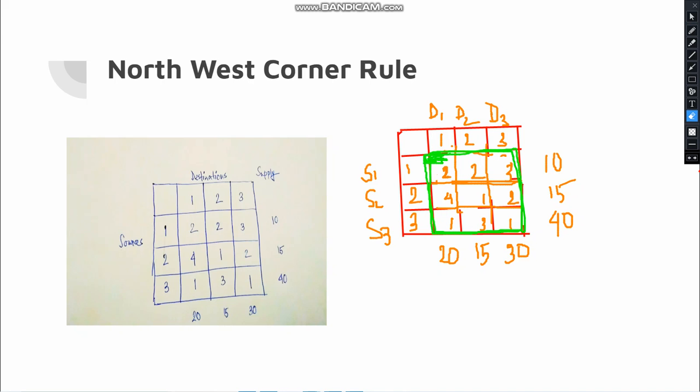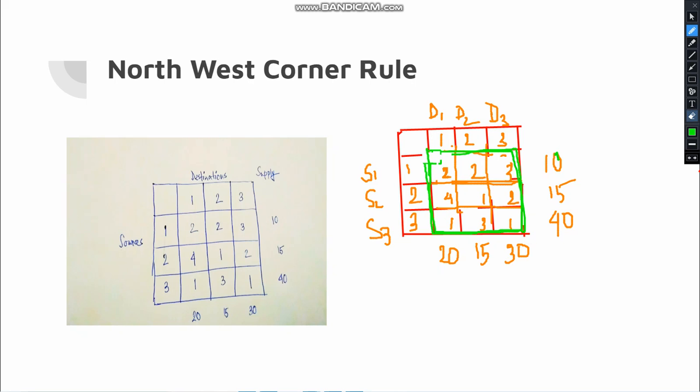So what we do is allocate some amount here. How much can we allocate here? It has a supply of 10 units, so the maximum we can allocate is 10. We cannot allocate more than that.